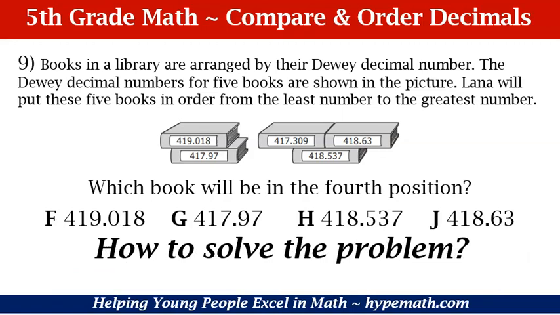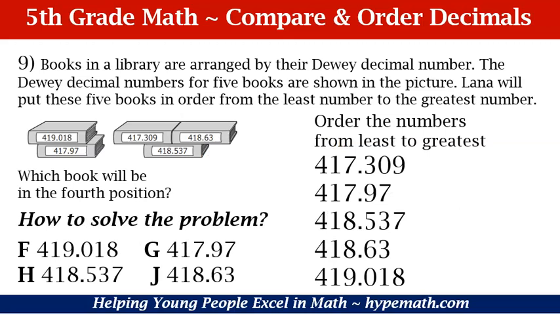How do we solve the problem? In order to solve this problem, we need to order the numbers from least to greatest, and that is what we have here. We said step 1, we have to line our decimals up in one line. That is done. Now we need to look at our place values. We start with the hundreds place.